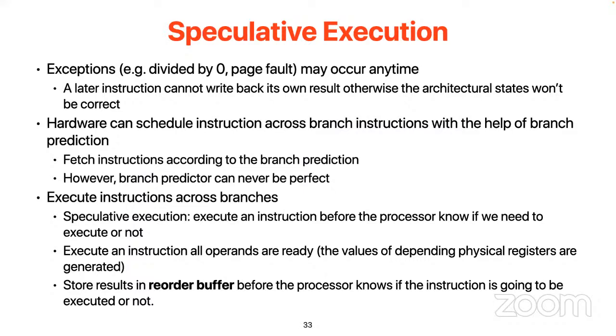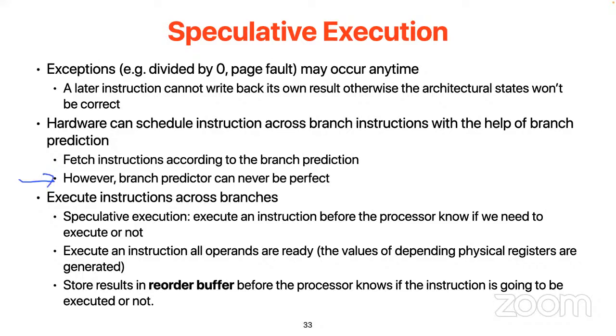Also, we want to have the capability of scheduling instructions across the branch. However, sometimes this is dangerous because, although the hardware can predict the future, this prediction is not 100% accurate. So there may be chances that your instructions may not be really the ones that we want.